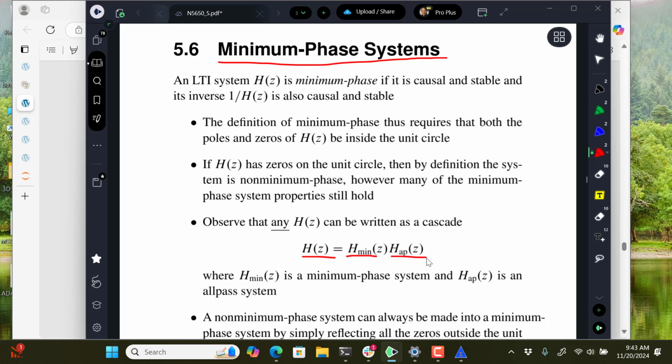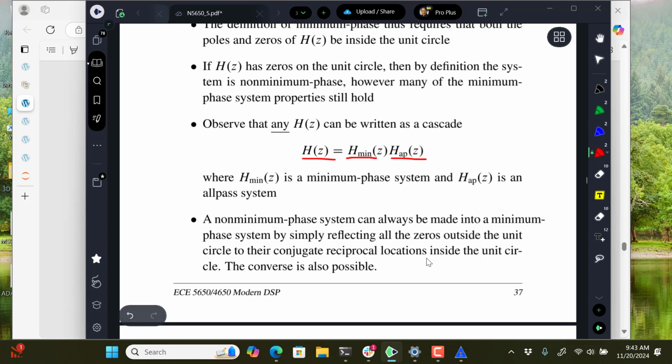And that just gets back to what we started before the break. So it's understanding how that works, and then that builds into some homework problems. And then the next thing, that comes up at the end of the chapter, is any system can also be built as a minimum phase and a linear phase system in cascade. That's just another twist on the idea.